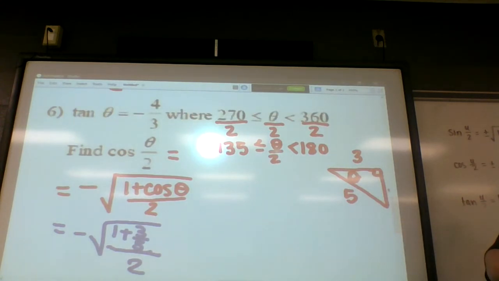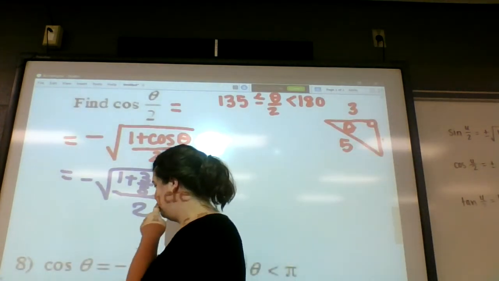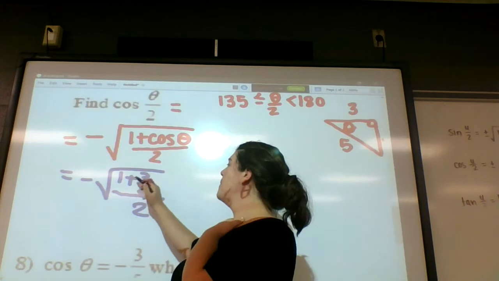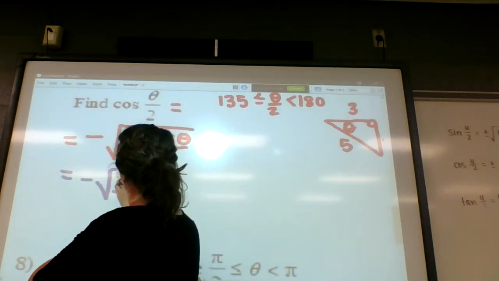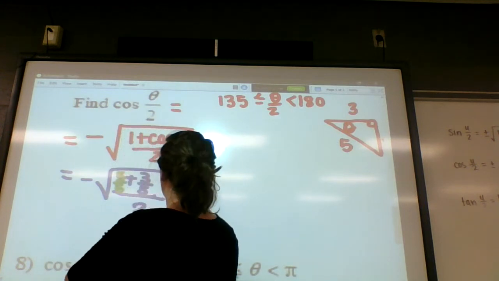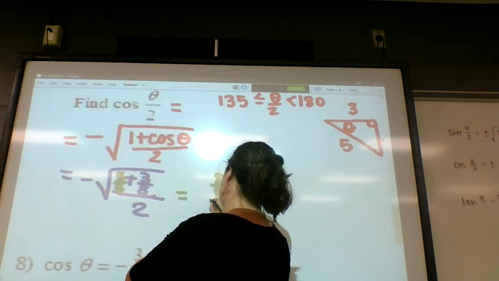All right, you could use your calculator to help you simplify the inside, right? Just the inside. You could do that. But we're just going to do it by hand. Because practice. Why not, right? All right, so if I have 1 plus 3/5, you can change the 1 to a 5 over 5, which would then make the numerator 8/5, right?